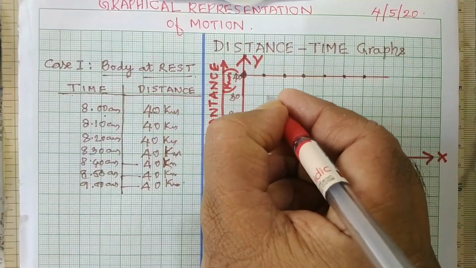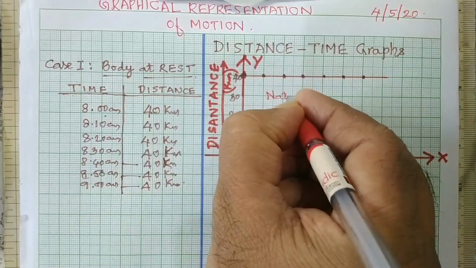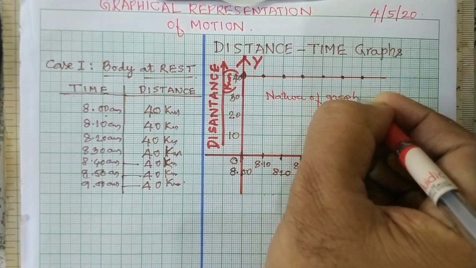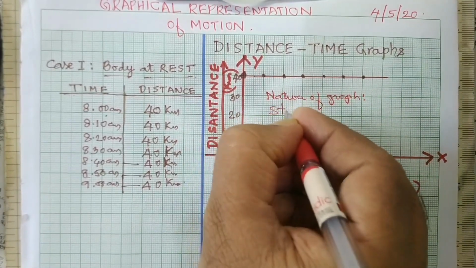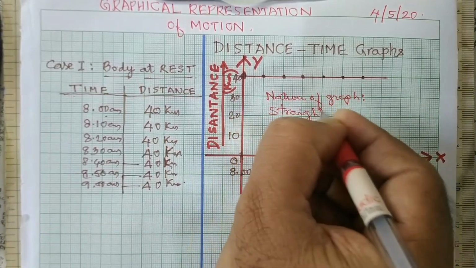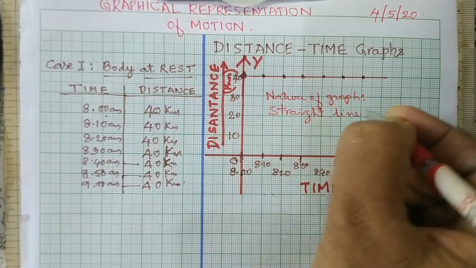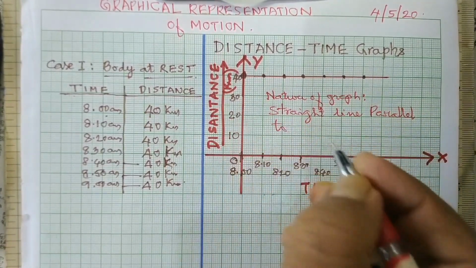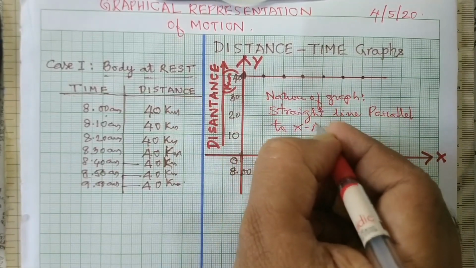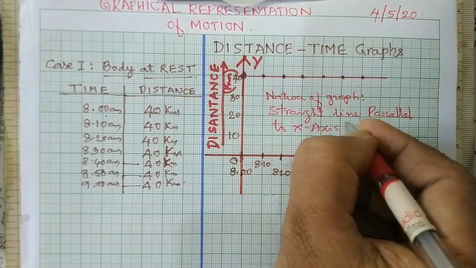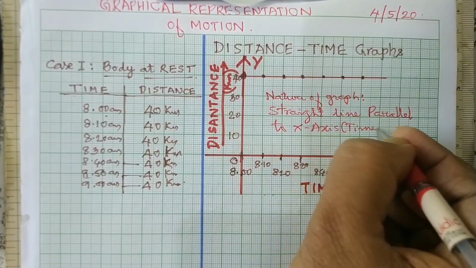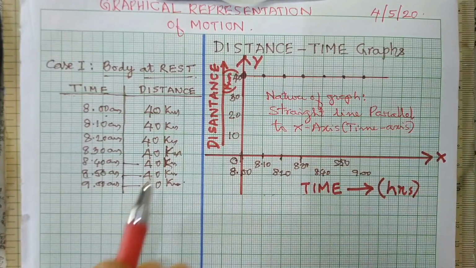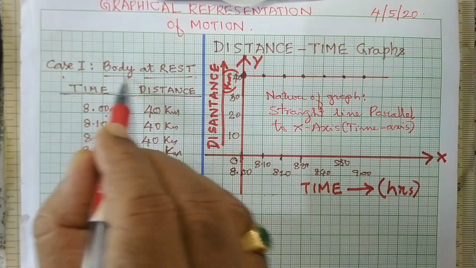So if they ask the nature of the graph in the question, we say the nature of the graph is a straight line parallel to the x-axis. We can also call it the time axis. So we have completed case number 1, which is a body at rest.